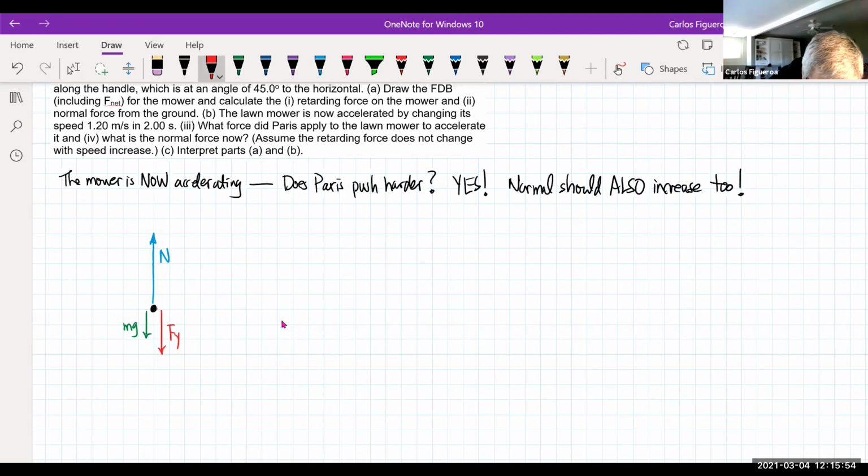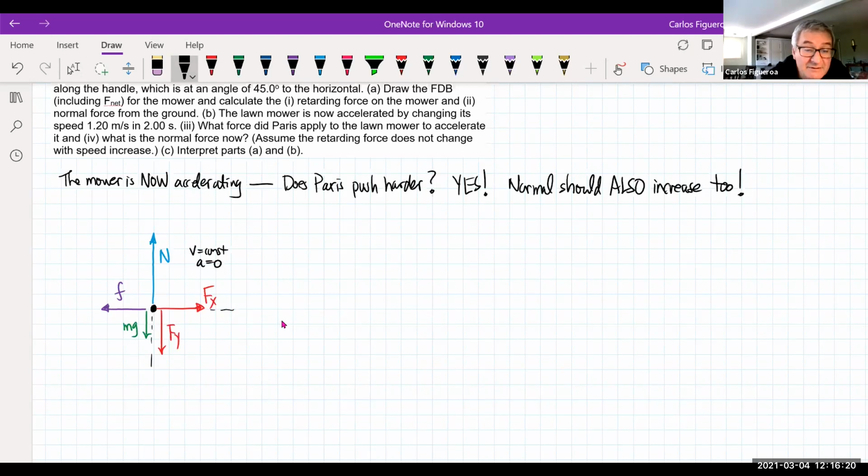And if you're moving at constant velocity, this here is now f of x. So therefore, the friction has to be exactly the same length. So that's 1, 2, 3. Yeah, that's about right. So in this scenario, this is when Paris was moving at constant velocity.